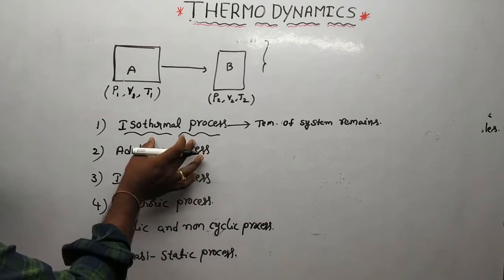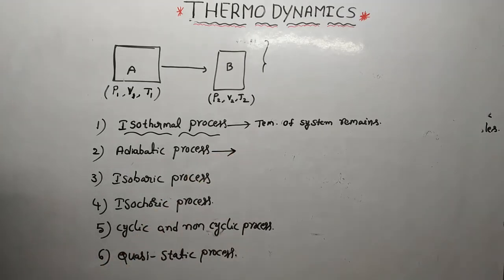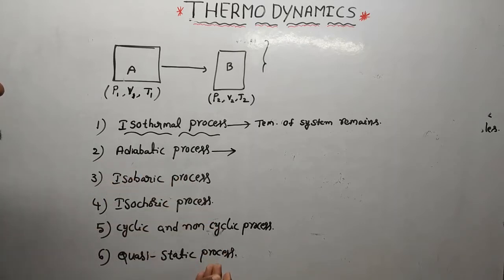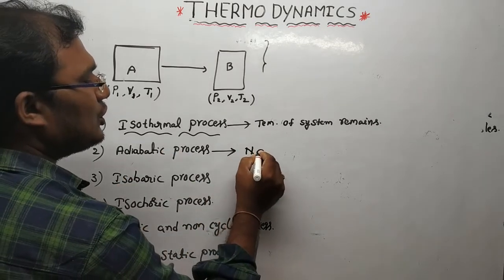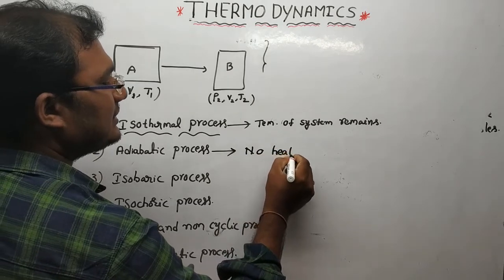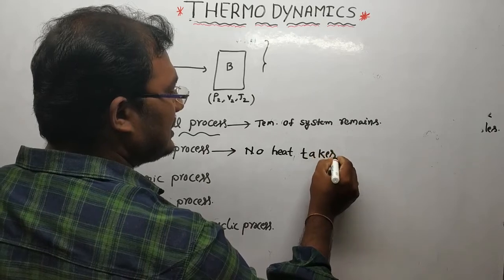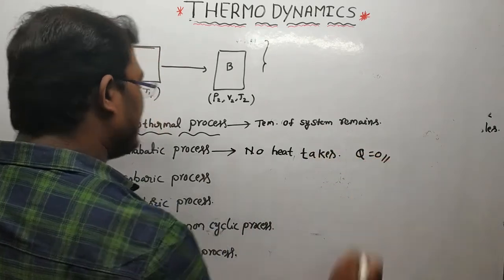Next one, adiabatic process. In this process, no heat is taken into the system and no heat flows out of the system. That means Q equal to 0.